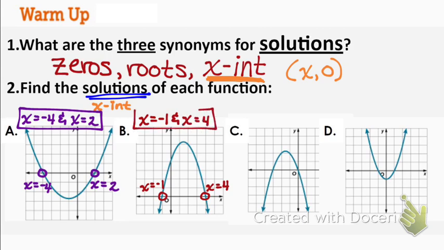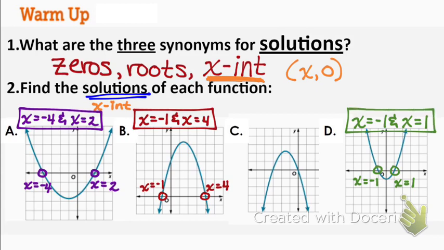What about on graph C? 1 and... Oh, you're doing D. Let's go ahead and do D, since that's the one you looked at. You said, what are they? 1 and negative 1. So x is negative 1, x is positive 1.